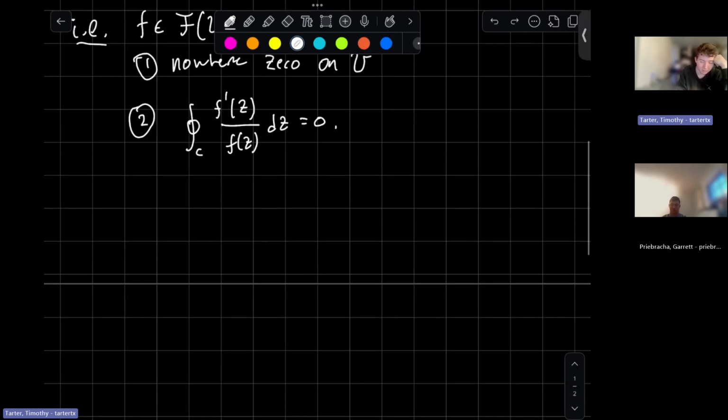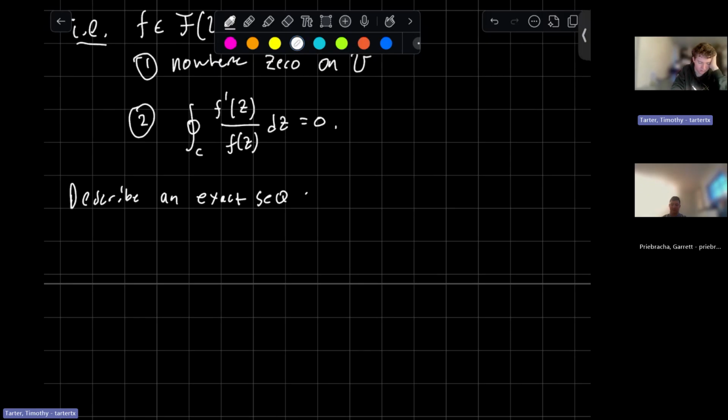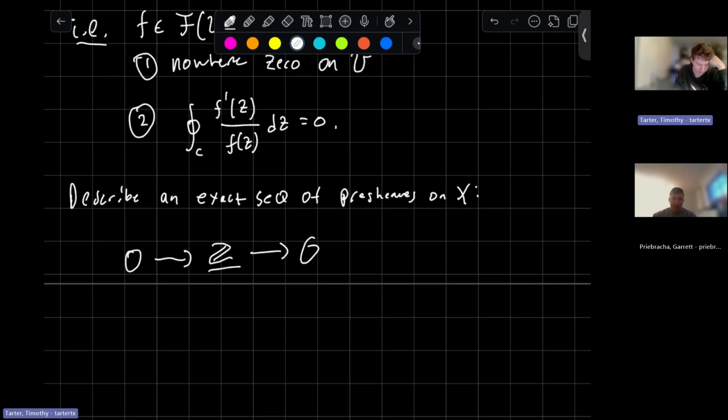So then the actual problem, now that we've done all of the setup, is that we should describe an exact sequence of pre-sheaves on X, or the complex plane: 0 into the constant sheaf on Z, into the structure sheaf on C, into the pre-sheaf of holomorphic functions on C which admit a complex logarithm, into 0.